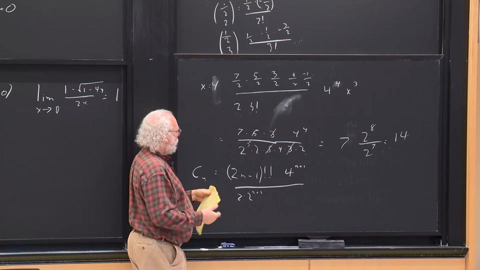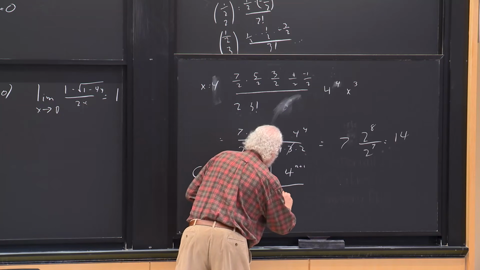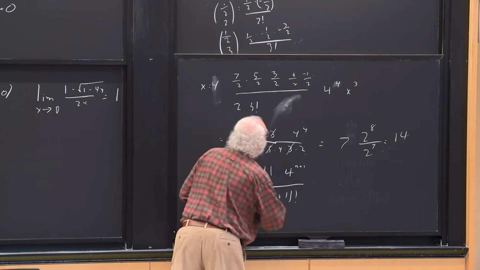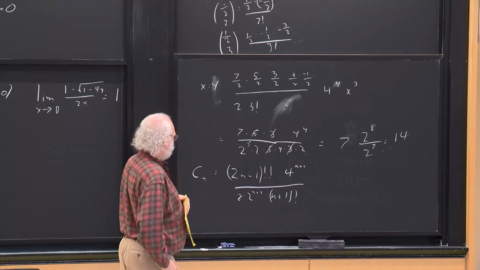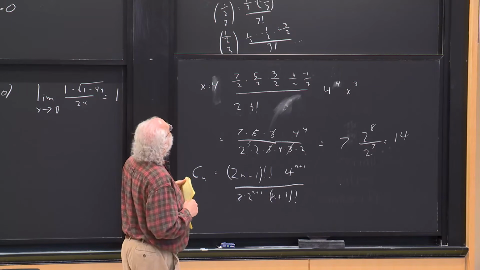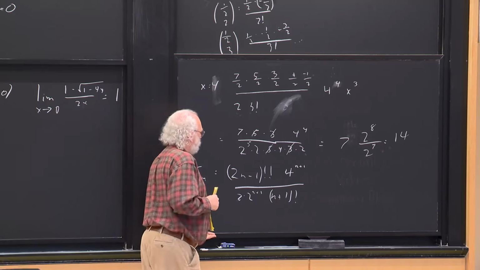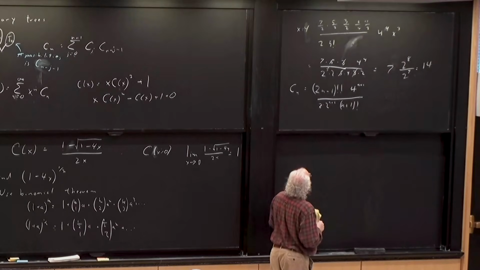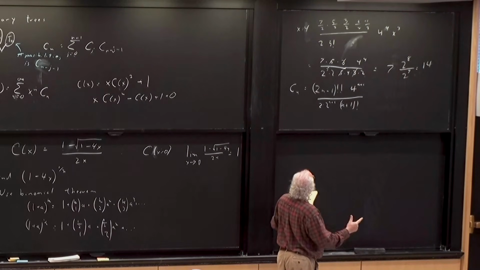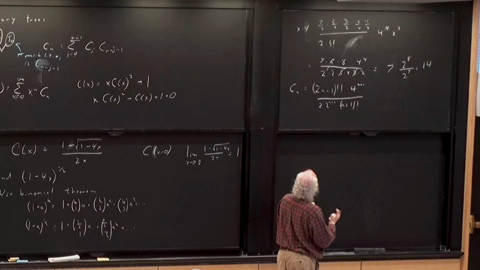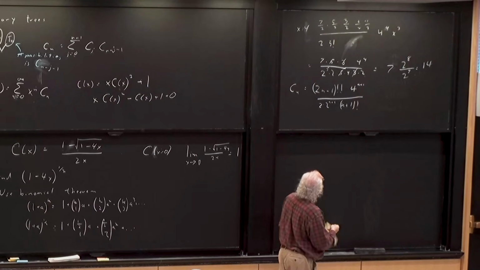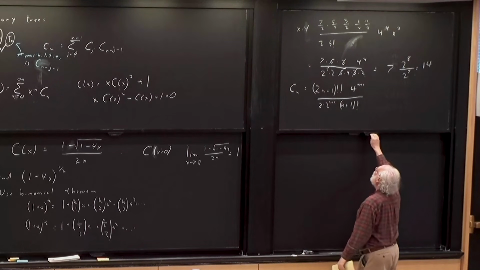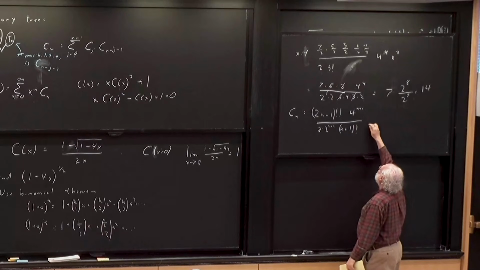And we have n plus 1 factorial. Okay. So now we need to manipulate this into some kind of, oh, I should say x to the n.